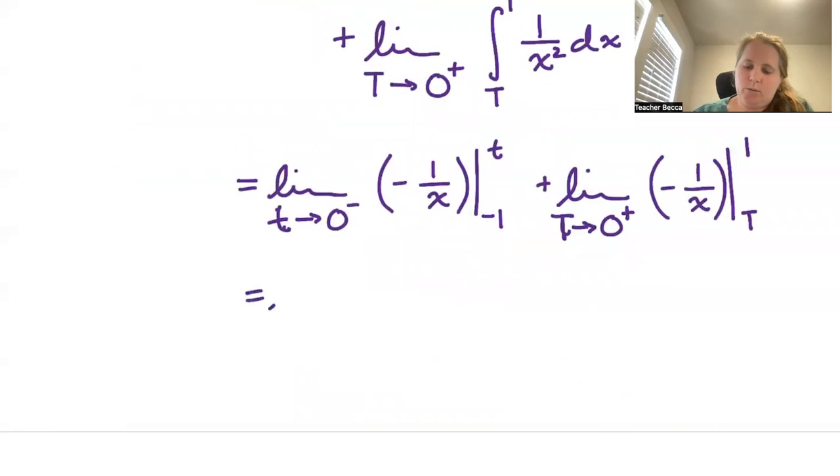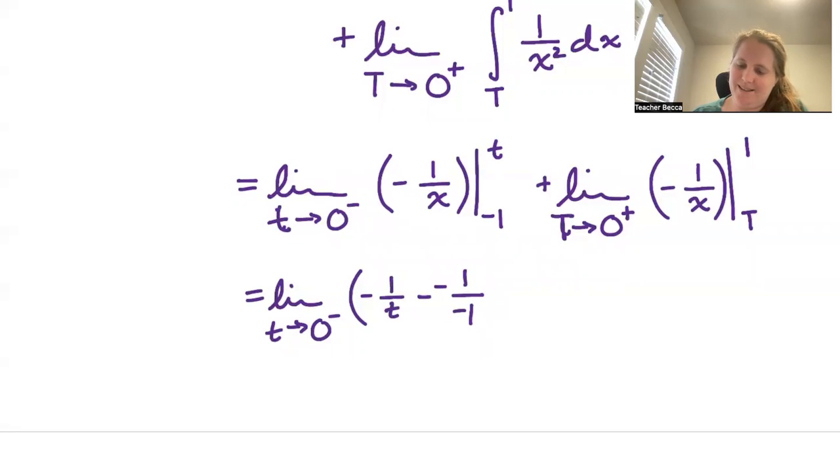So this first limit, we are looking at the limit as t approaches 0 from the left of negative 1 over t, minus negative 1 over negative 1.